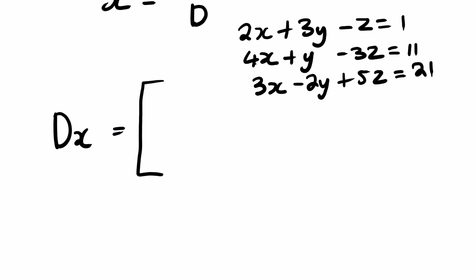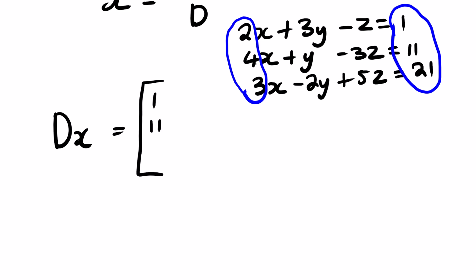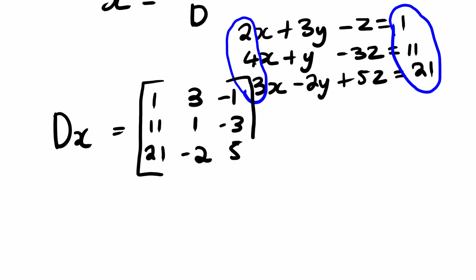Instead of substituting on the first column, we are going to replace these entries with these ones. So instead of 2, 4, 3, we are going to say 1, 11, 21. And then we rewrite the other entries. So it's -1, -3, and 5.